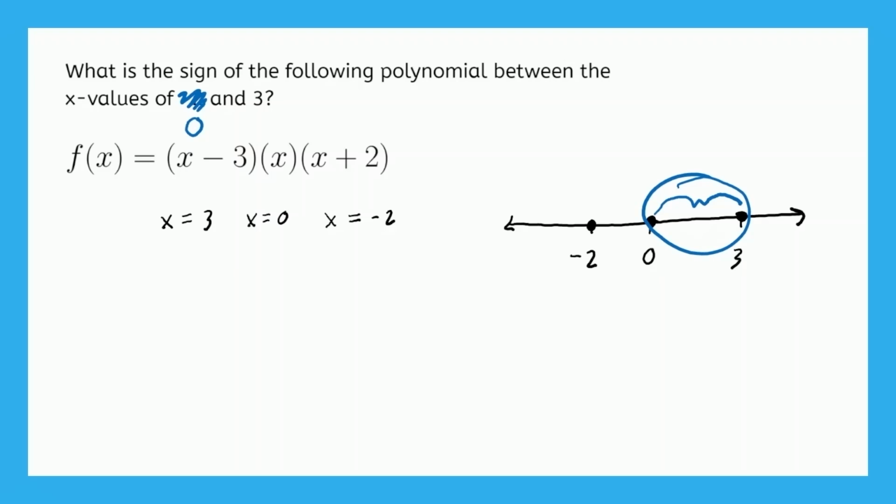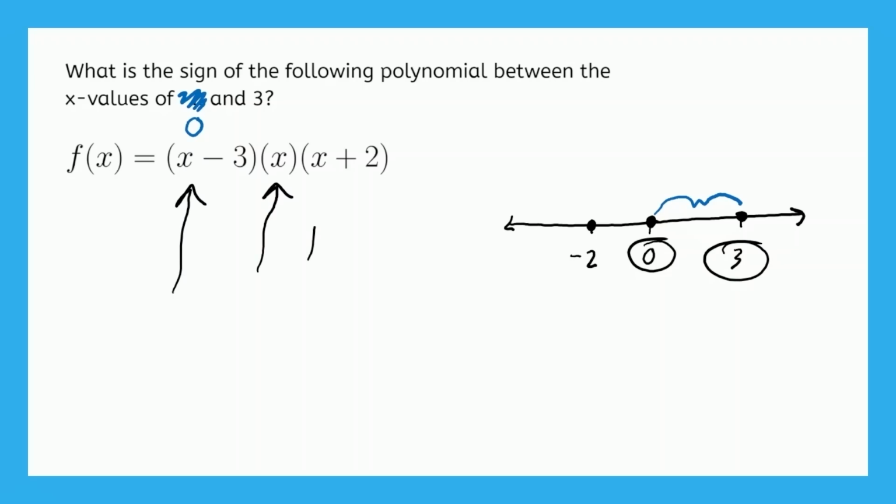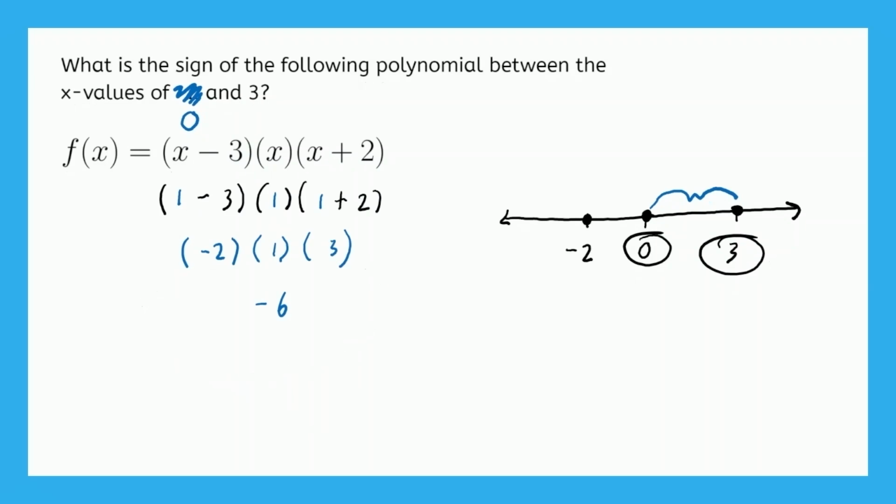That sounds pretty easy. Notice that if we have more than 2 zeros in the interval, we didn't even need to test a point. But now we have just 2 zeros in this interval, 0 and 3. So we're going to test 1 for x here, here, and here, and then decide what is the sign of that simplified expression. So when we plug in 1 and we simplify, we get -6.